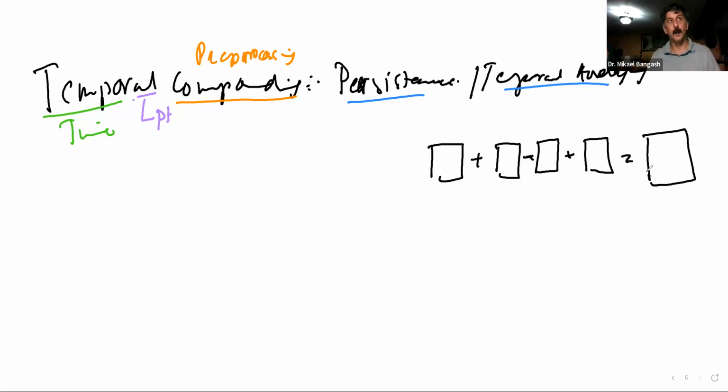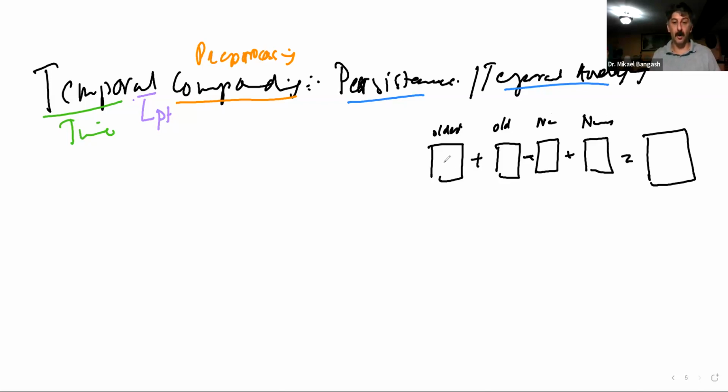Let's put it this way, and that's going to be the main difference between this and spatial compounding. This is going to be the oldest frame. This will be an old one, this will be a new one, and this is going to be the newest frame.